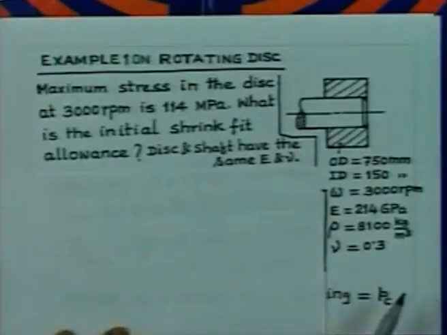In order to find out the initial interference, we must be able to find out the pressure existing at the rotational speed of 3000 rpm. So, let us get into doing this.